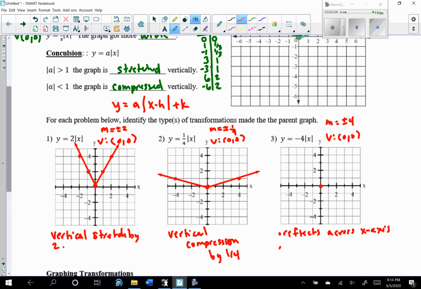And that 4 is going to be a vertical stretch by 4. So we're going to go down 1, 2, 3, 4 over 1. Same thing on the other side. Again, that's because the negative in front reflects our graph.